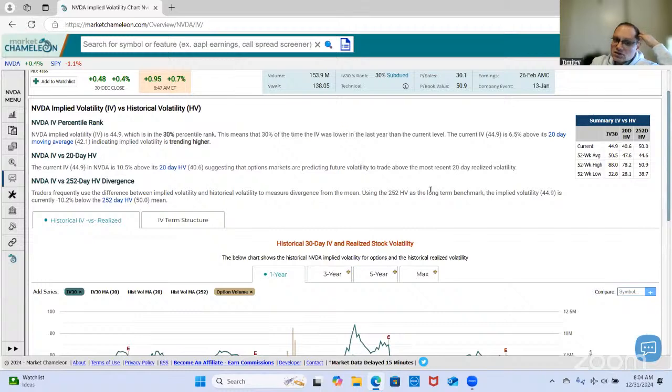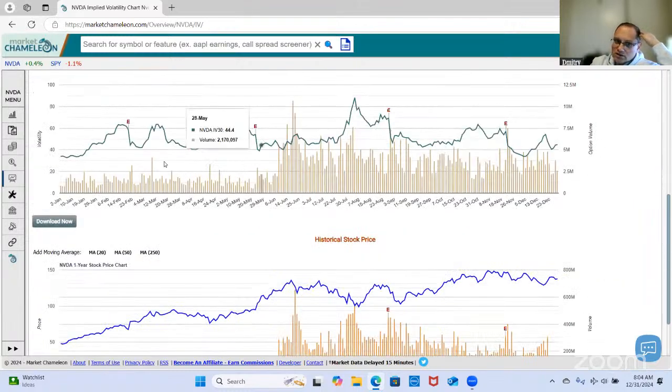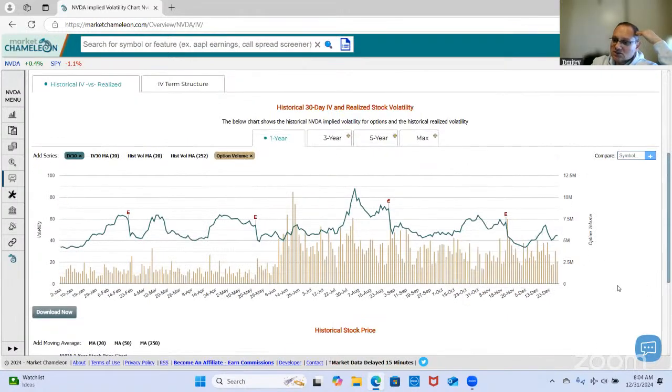And let's first discuss what this initial line chart means. Because when we talk about implied volatility of a stock, in this case Nvidia, we have to define what that benchmark is looking at, because unlike a stock, implied volatility is something that's derived from option prices.